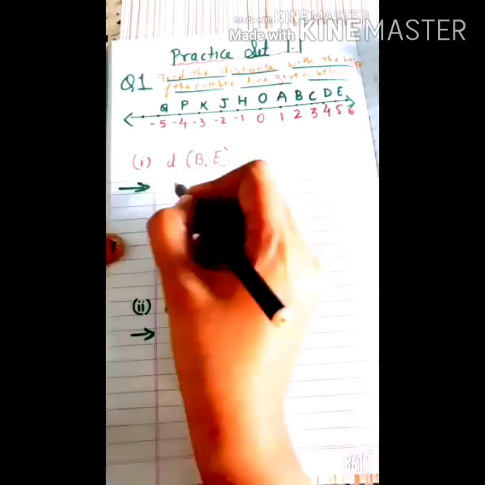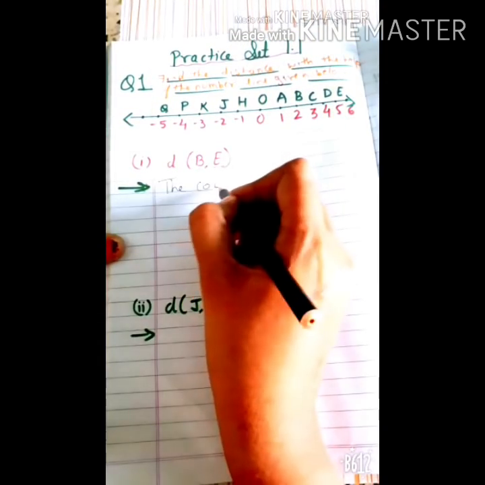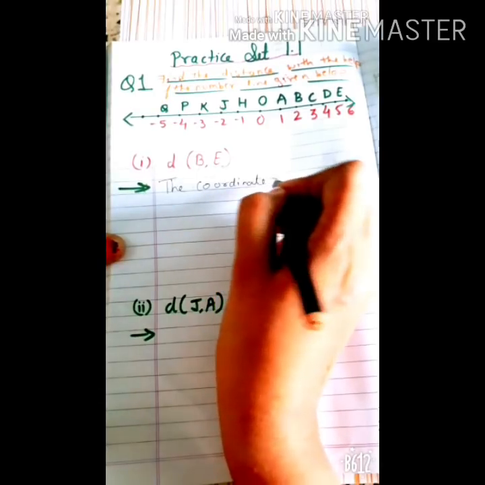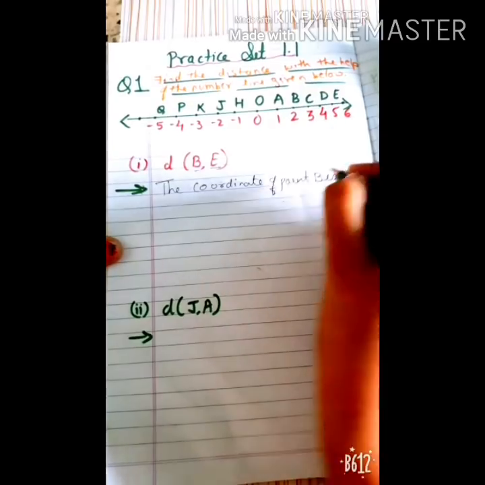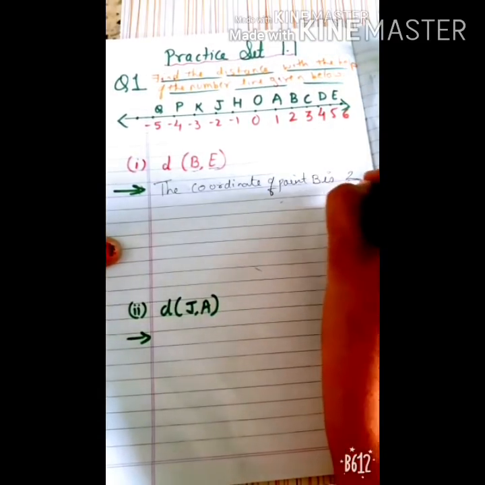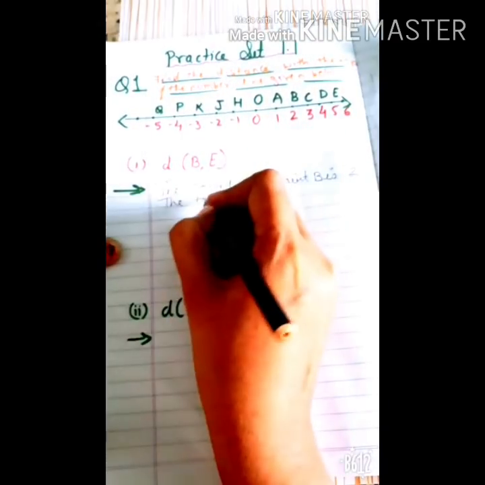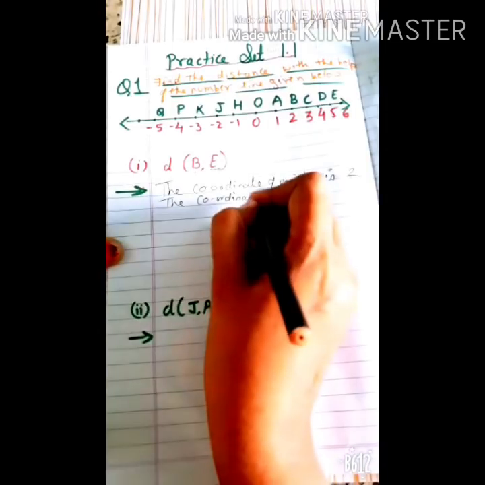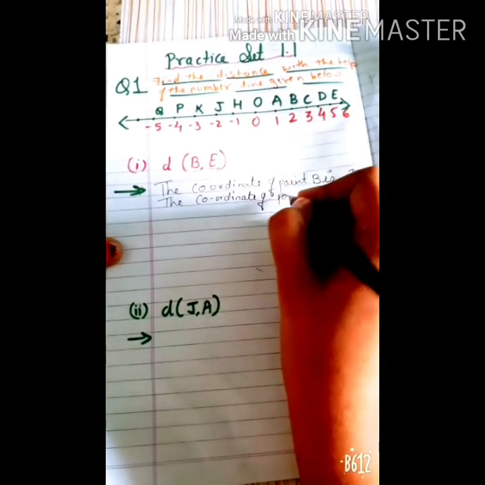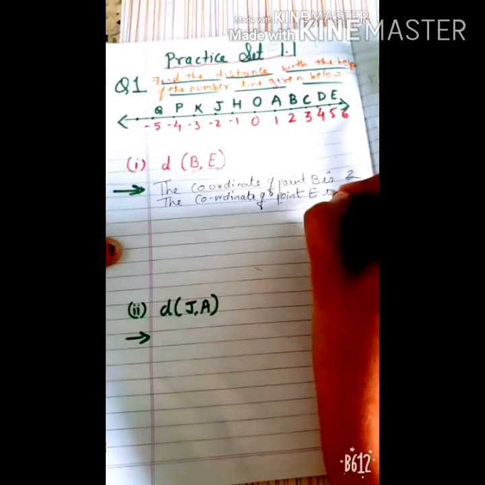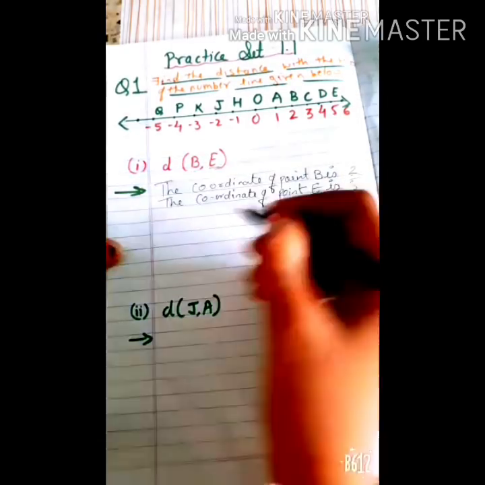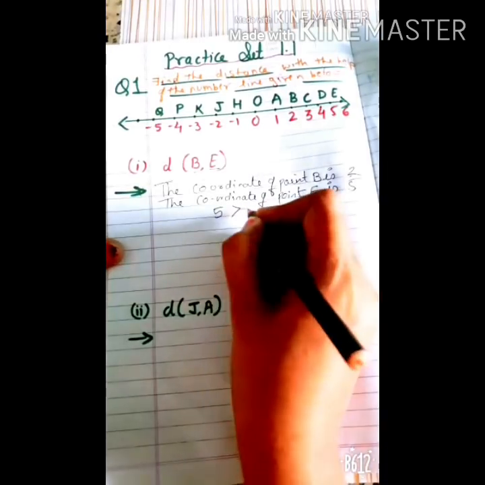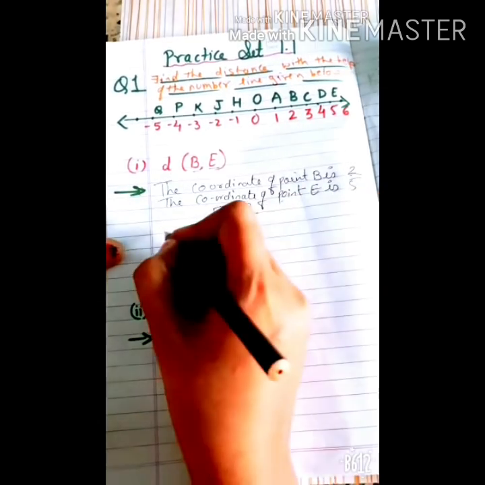Now let's start with the sum. The coordinate of point B is how much? 2. The coordinate of point E is 5. Between positive 2 and positive 5, which number is greater? 5 is greater than 2.